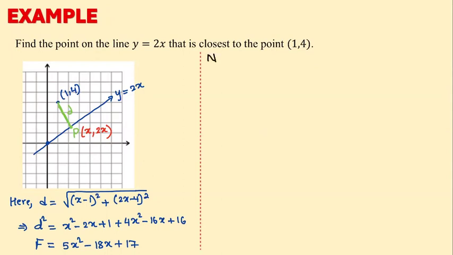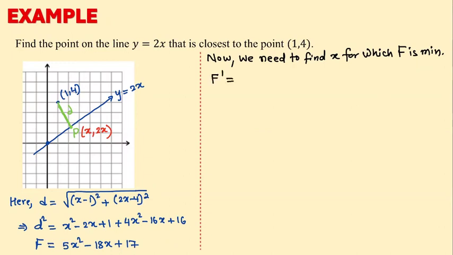So now we need to find x for which this function f is minimum. In order to find the minimum value or maximum value of a function, we find the derivative. So the first derivative is equal to 10x minus 18.